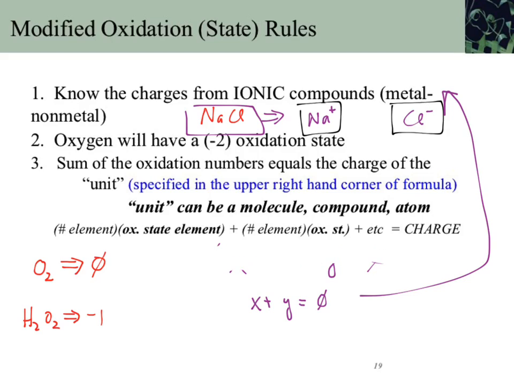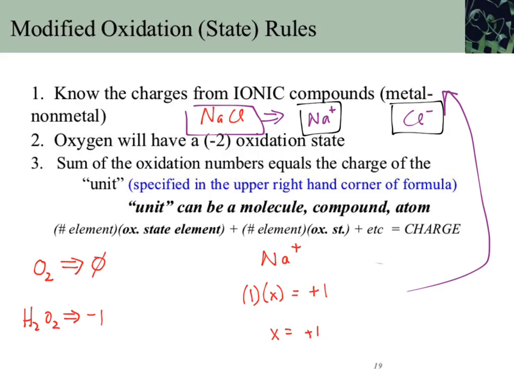So now when I go through and solve, the unit is sodium ion. How many sodiums are there in sodium ion? 1. The oxidation state you must always solve for. There's no other elements present, so that then must equal the overall charge. The overall charge specified in the upper right-hand corner is +1. I know the oxidation state is +1.